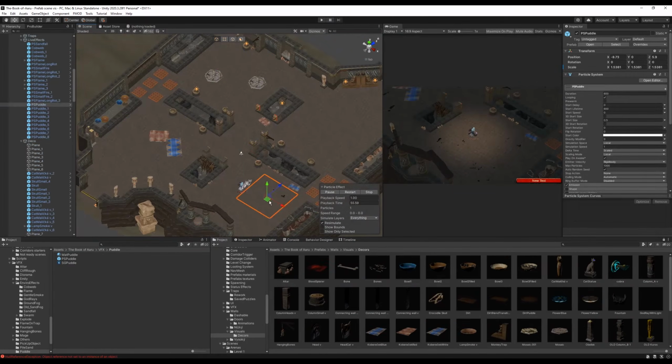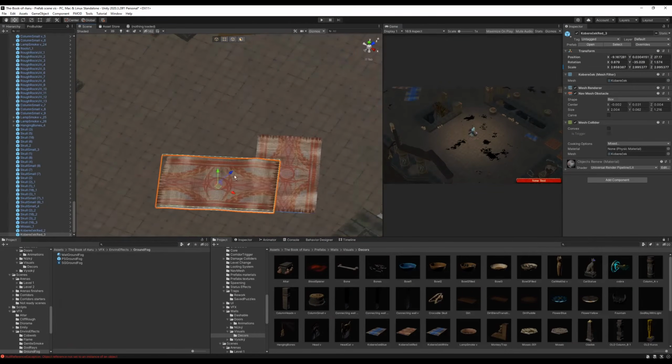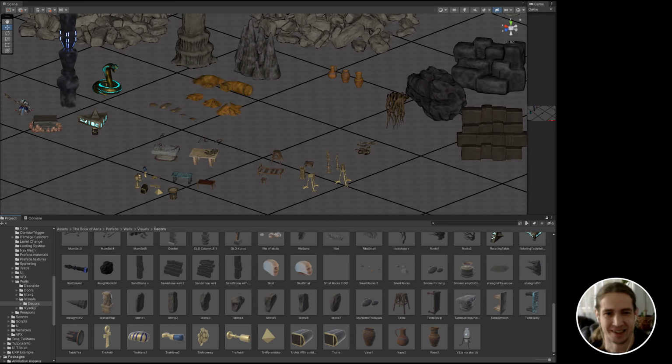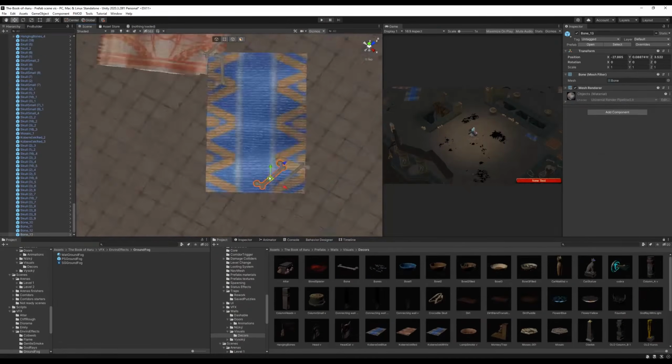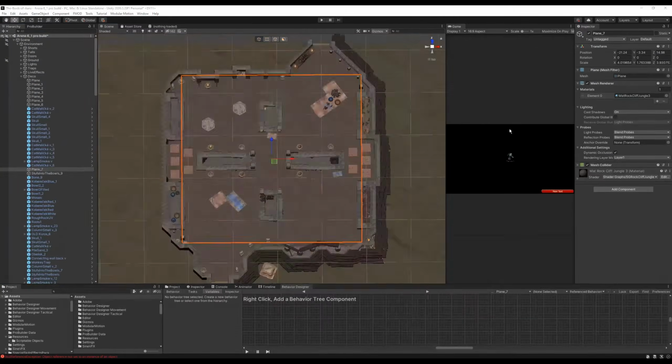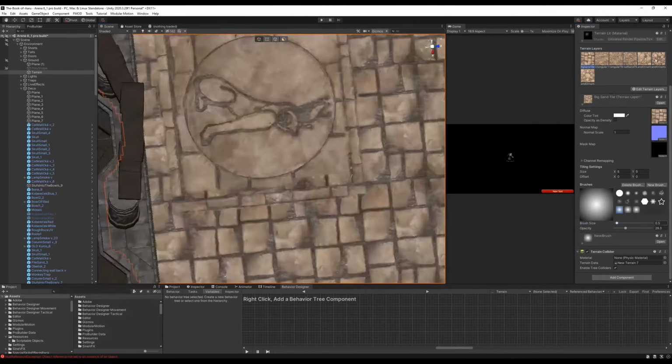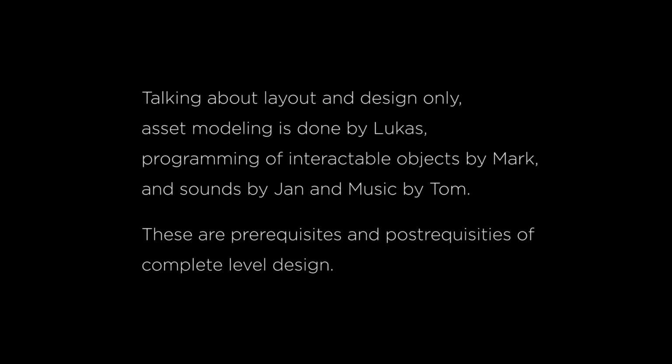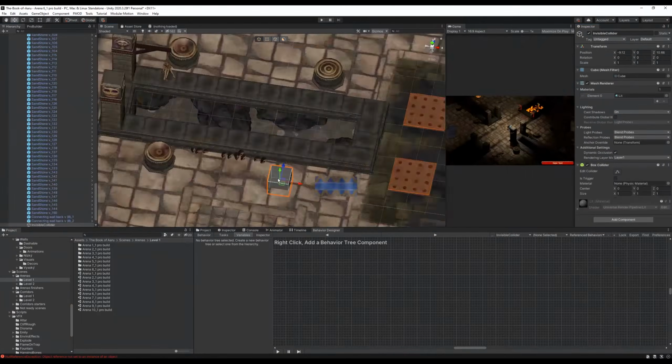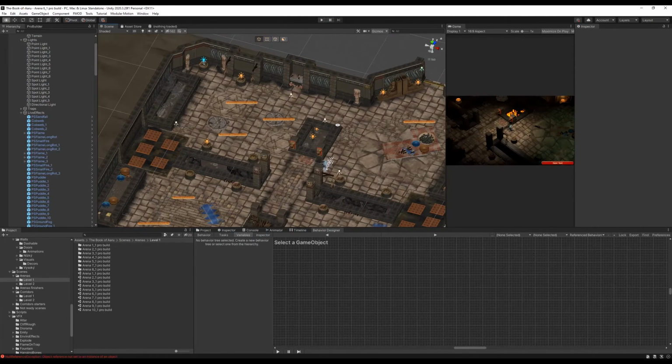I am also doing all the level composition immediately with the environment assets from our library provided by Lucas without the blockout. Not only that I can afford to do this because I am the only one working on level design, but it is also faster and sometimes even mentally easier.